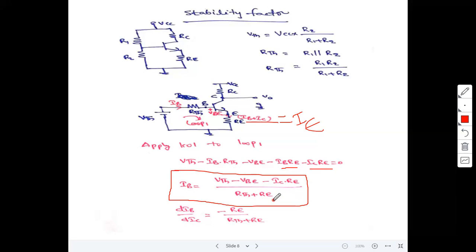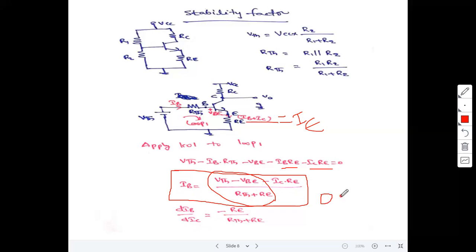For the stability factor, we have to derive DIB by DIC. Differentiate the above expression with respect to IC. These are all constants here: V Thevenin minus VBE by R Thevenin plus RE are all constant. So the derivative of a constant is 0.